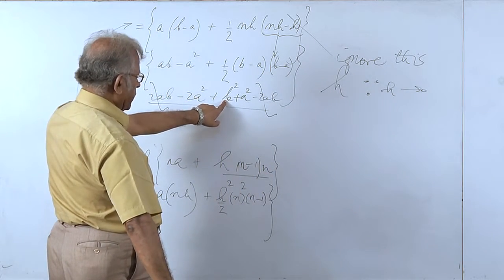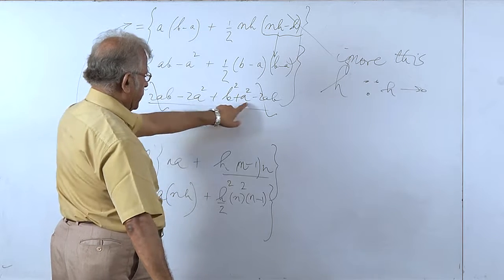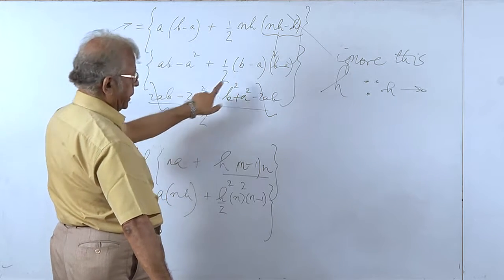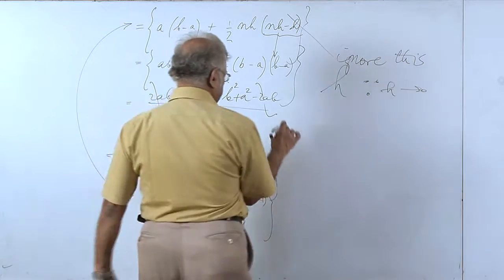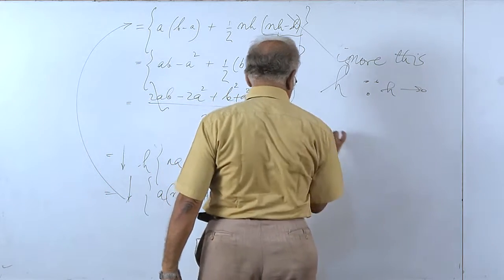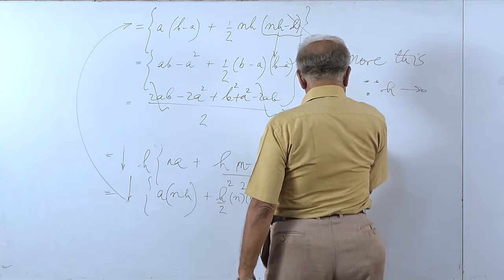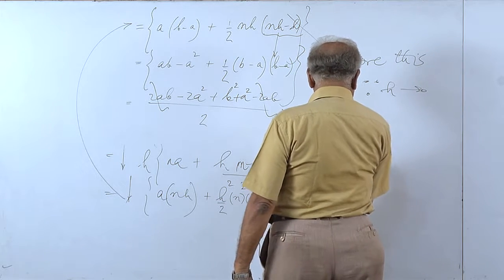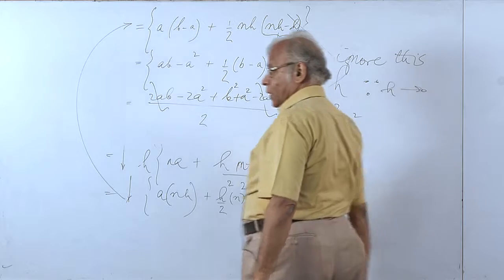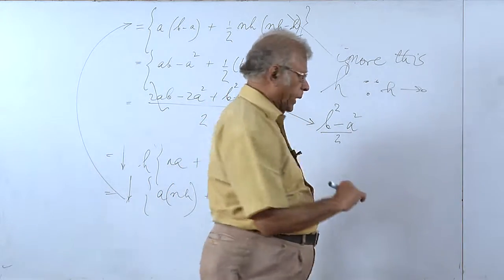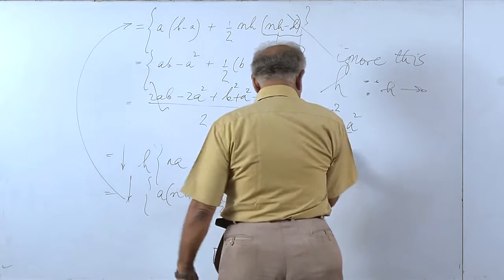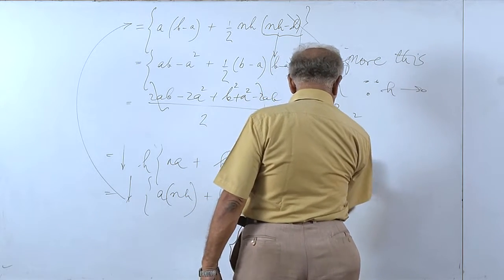There is a b square that survives and a minus a square, because this is minus 2a square and this is plus a square. So what we have is ultimately b square minus a square by 2. And here we have the strength to write the following. We just write as expected.